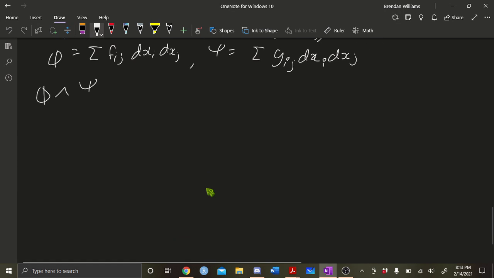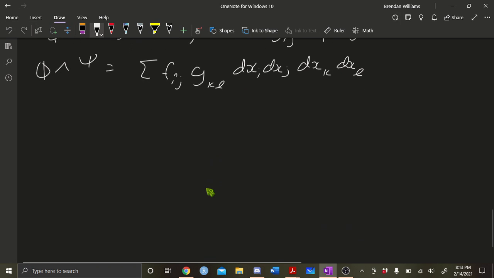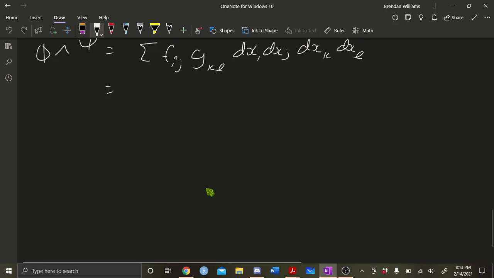Phi wedge psi is equal to the sum of f sub ij g sub kl dx sub i dx sub j dx sub k dx sub l. We're going to perform 4 transpositions. So 4 negatives make a positive, and this doesn't change the sign.